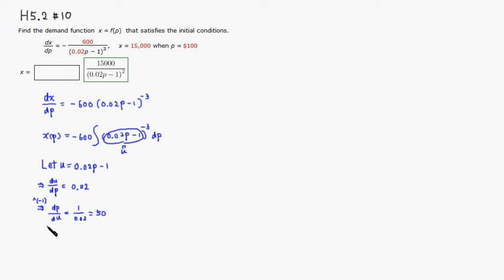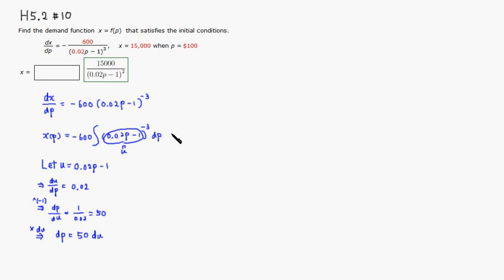So therefore we can isolate dp by multiplying both sides by du. So dp is equal to 50 du.